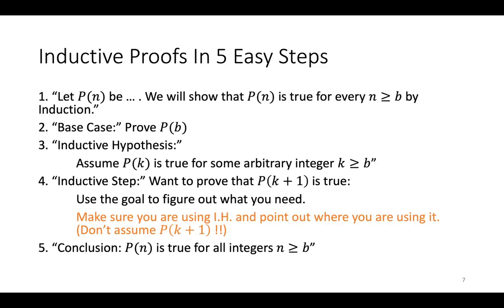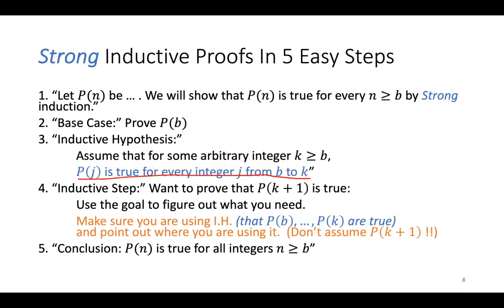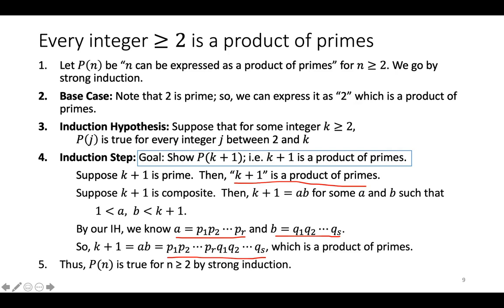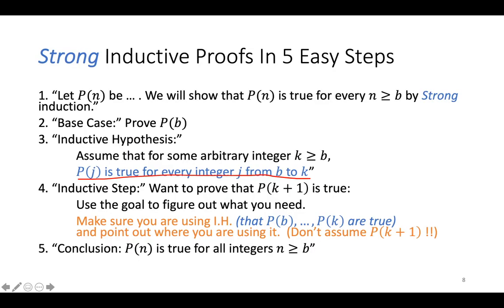So this is original induction, and this is strong induction. And so here, the additional assumption, P of j is true for every integer j from b to k.